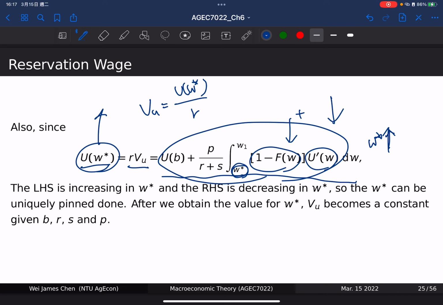We can easily show that w star can be uniquely pinned down. This is like supply and demand. On one side, when w star is higher, it is higher. On the other side, if w star is higher, it is lower. Then it must have only one crossing point. It should be intuitive that w star is unique, but there is also a way to prove it.